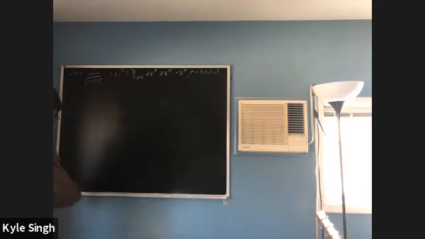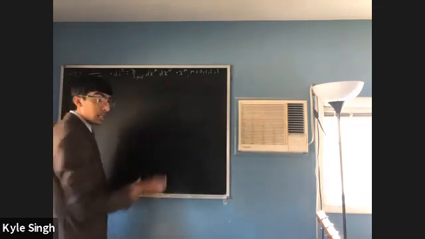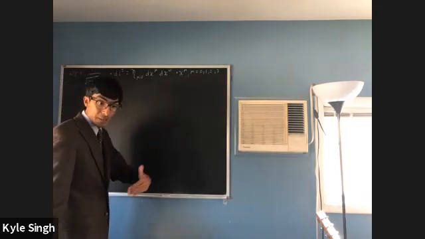We know this object is a column vector, not a matrix. So x mu equals x0, x1, x2, x3, and in a Cartesian basis this is ct, x, y, z.